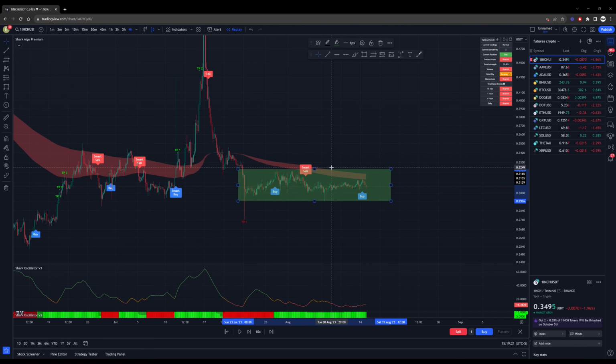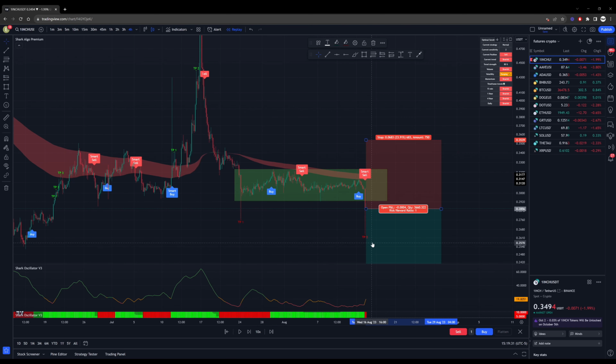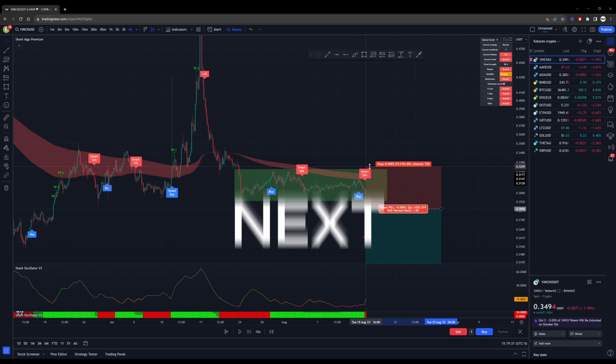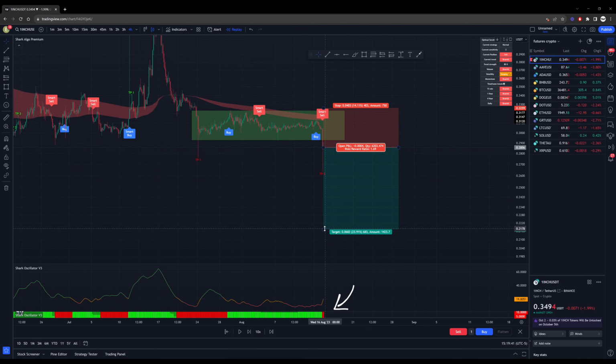We got our sell signal as soon as the candle closes below this consolidation area, and our stop loss we want above the swing high or above the box that we drew. And we want to target a 1.5 risk to reward ratio or higher. It's up to you. Next, we see that the confirmation down here is starting to turn red, meaning that we're in a bearish market. We take this trade, and we can see very clearly that it hits our take profit perfectly with almost no drawdown.